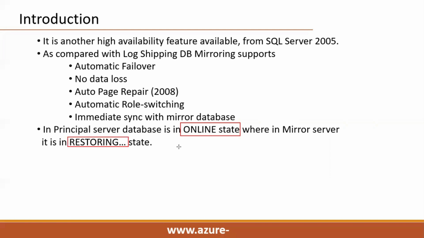In log shipping, we have seen both standby and restoring are allowed, but here only restoring state. Why? Because the changes made in the principal database log file are applied to the mirror database log file, log file to log file copy directly. That's why in mirror, remember, we can't maintain the database in read-only state.